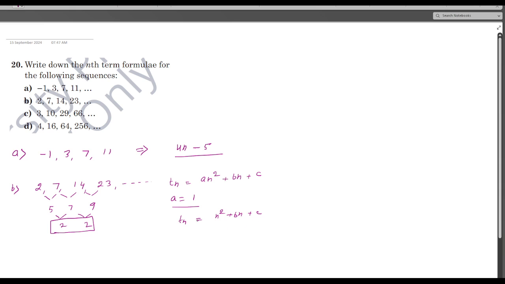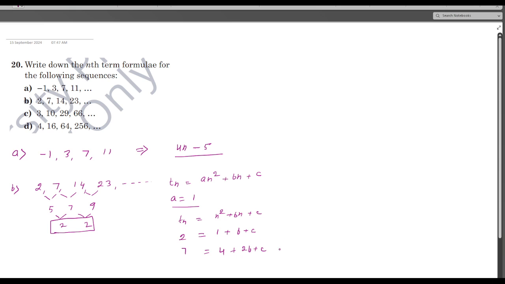Now if I replace n with 1, it is my first term, which is 2, is equals to, here n replaced with 1 will give me 1 plus b plus c, and the second term is 7. So 7 is equals to n square, so 2 square is 4 plus 2b plus c.